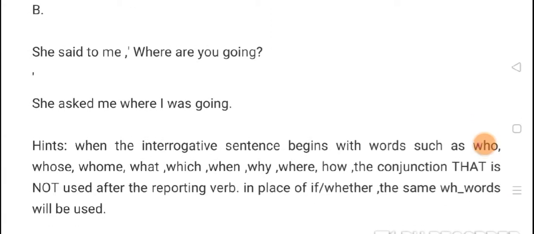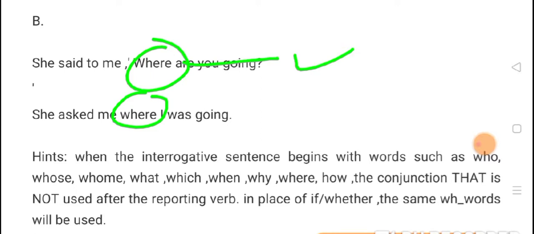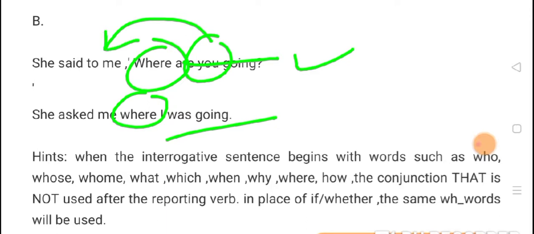Now example number 2, that is example number B. What I have already told you, that if there is WH word, so this same WH word will be there. Are you going? You have to change in your head to you are going, and you are going will be changed into I was going. So you is second person, will be changed into object, which is me. So what would be subject?